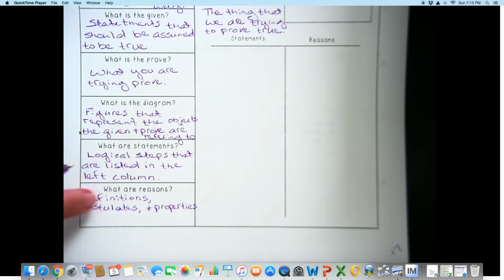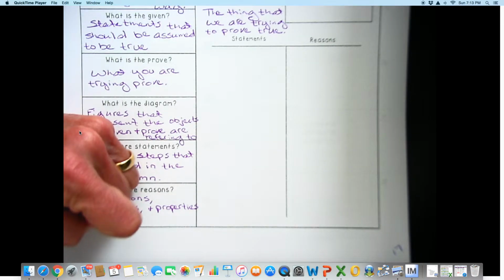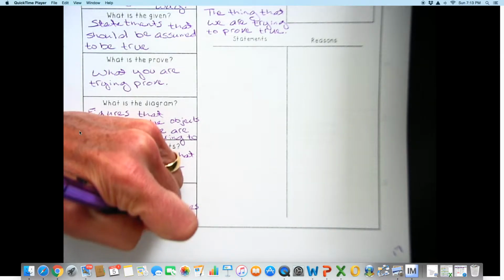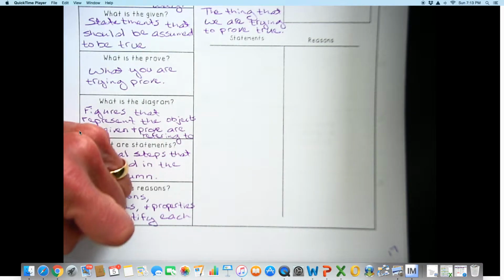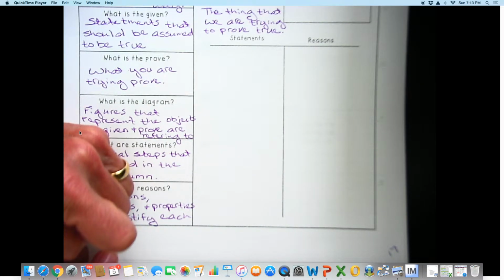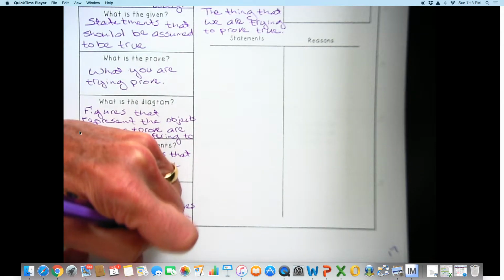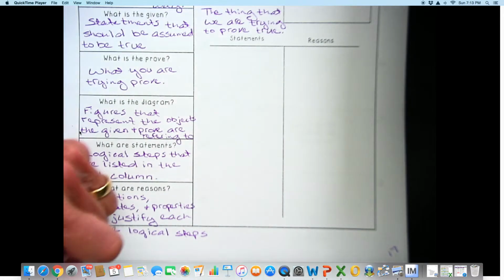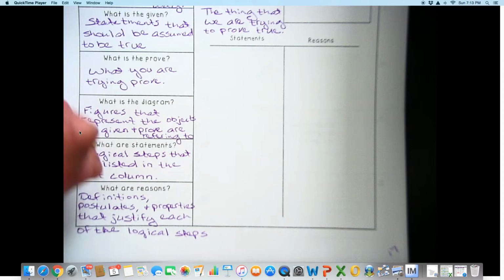Okay, so these are definitions, postulates, or properties that justify each of the logical steps, and we list them in the right column.